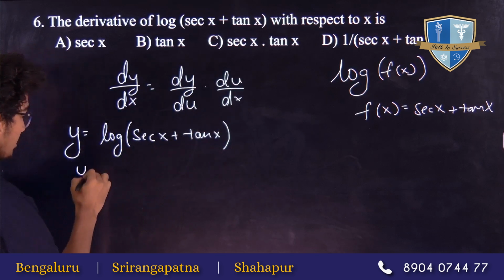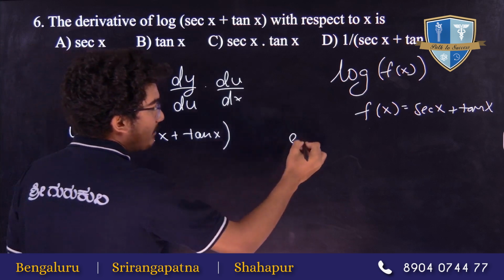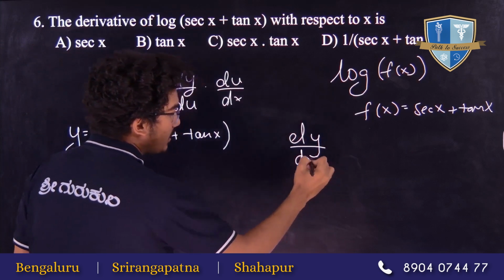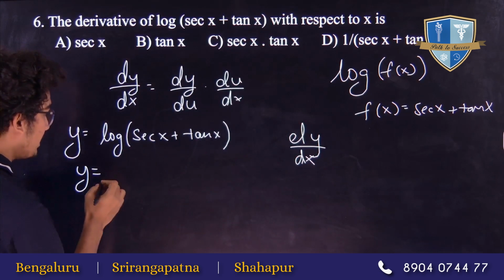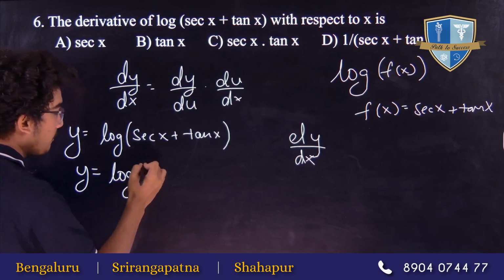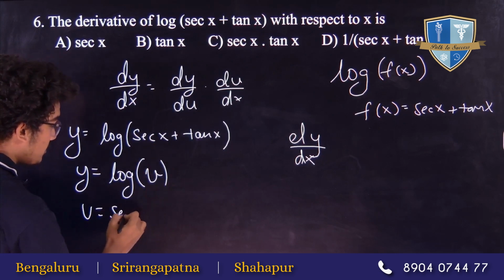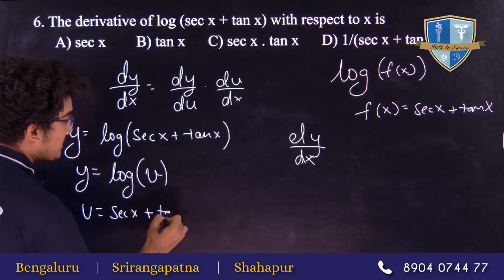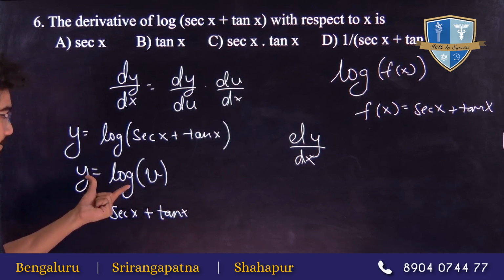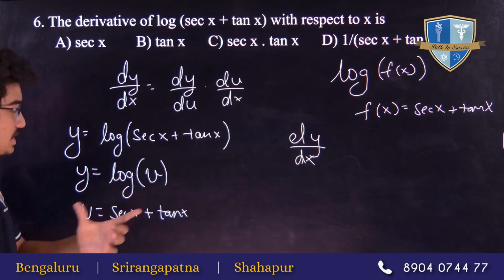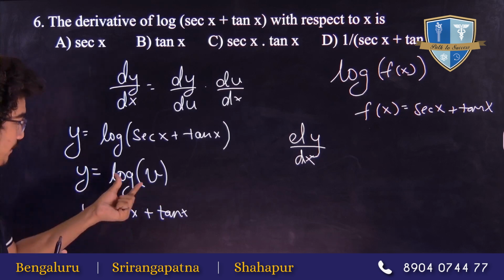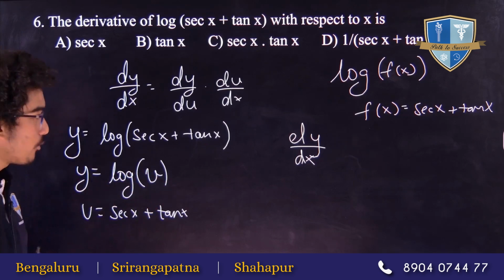We are supposed to find dy by dx, but we are creating an intermediate function, y is equals to log of u, let's suppose, and u is equals to sec x plus tan x, correct? Now we can simply differentiate this because we know the differentiation of log x is 1 upon x. So differentiation of log u will be 1 upon u.